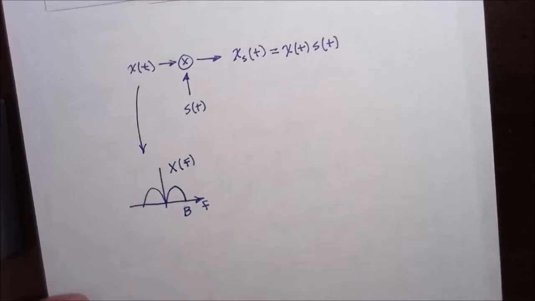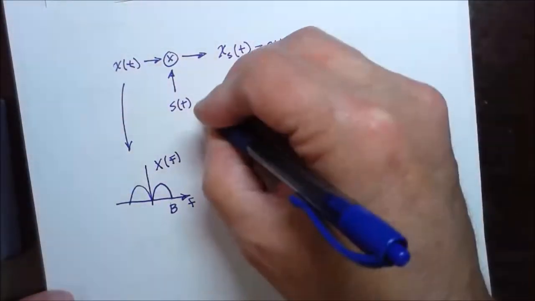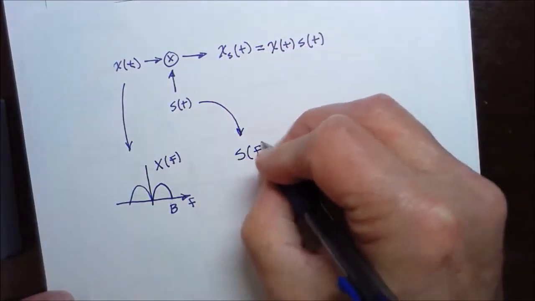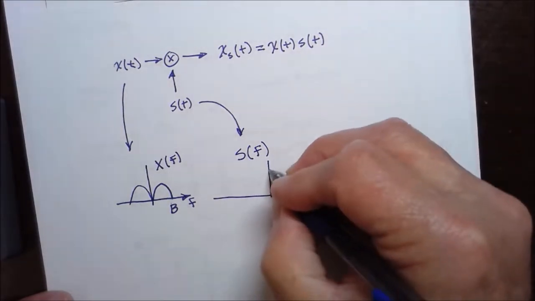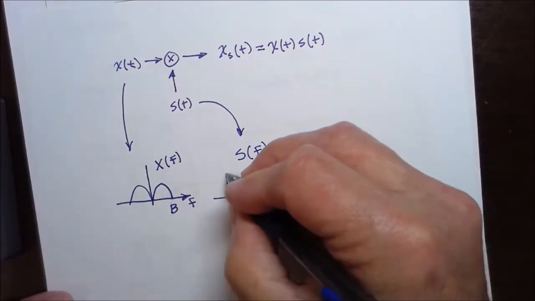So I'll just write it out symbolically as capital S of f, and it's going to be again a train of delta functions.